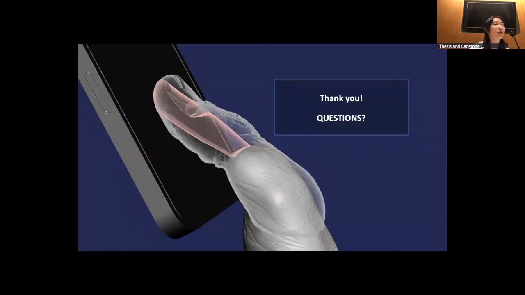Yeah, so the question that was asked was what type of material we use for the different components and adhering them together. So these are made out of VST30, which is a type of RTV silicone, a room temperature vulcanization silicone. It's just a type of prosthetic silicone that's used within somatic prostheses. And to adhere them together, we use Silpoxy, which is a silicone adhesive, and placing them together.